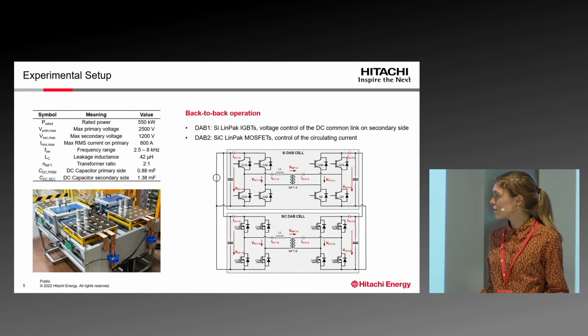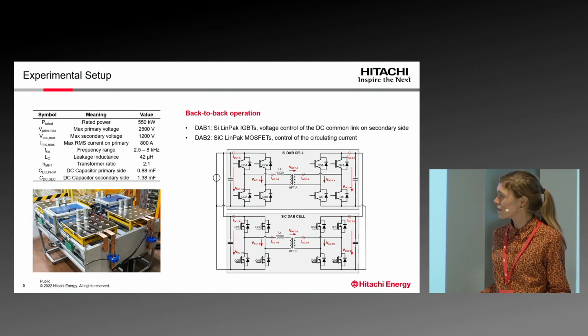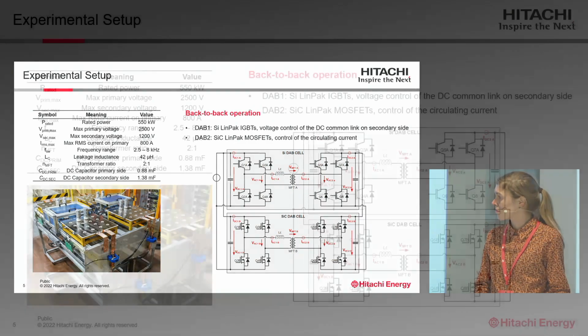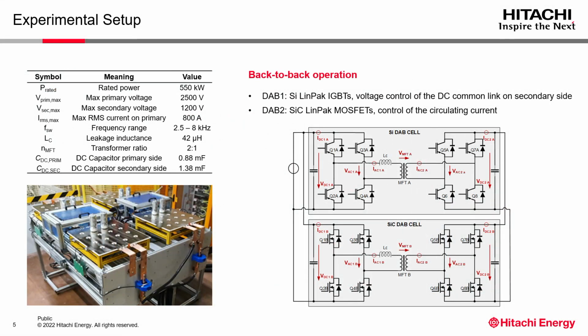You can see also it's not designed to be very compact, but rather for easy measurement, with modular DC banks you can see here on the left and right, so we can quickly change the capacitances. In the middle you have the MFT below the setup, and the semiconductor devices and the AC link are here below the classes.